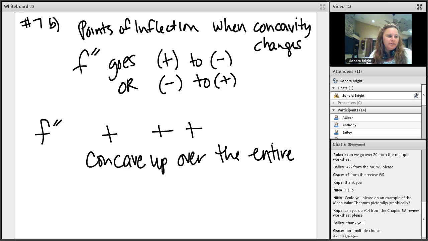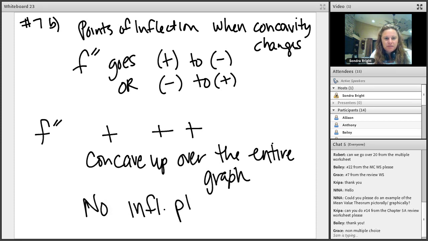Over the entire graph, because they're saying f between 0 and 3, and that's all we're talking about. So no inflection points.